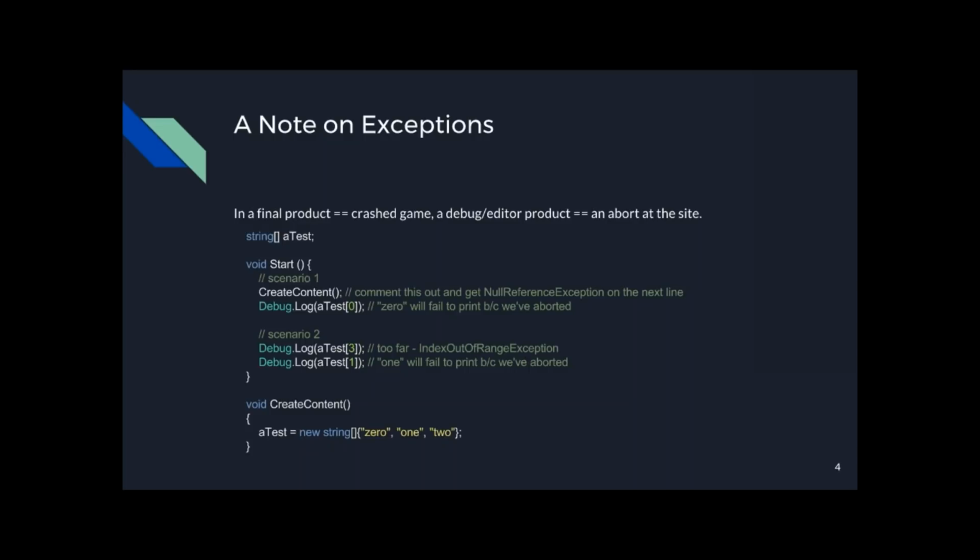So, the note on exceptions that I was referring to a second ago, when I was demonstrating looking at variables that hadn't been allocated yet, right? I got a null reference exception as soon as I tried to touch a class, for example, the candy class. When I tried to access C, before I said C equals new, the Unity console threw up a null reference exception because I tried to touch something that hadn't been populated yet.